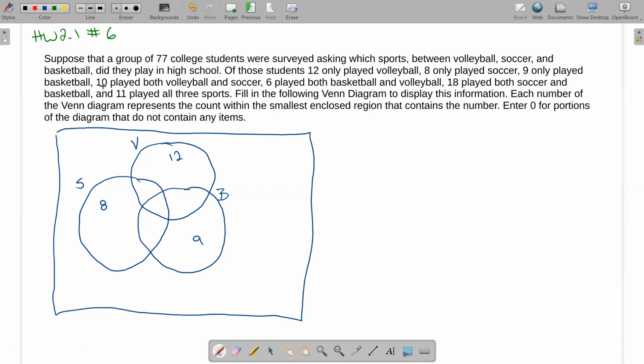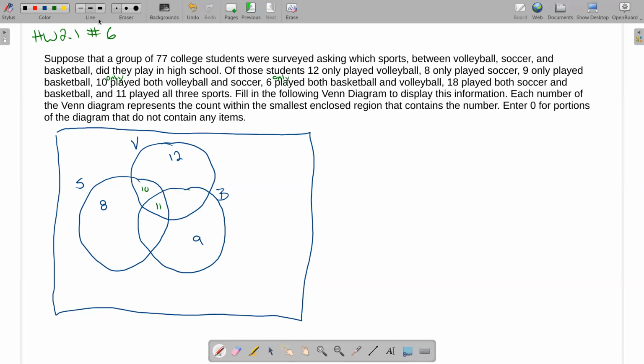I think these 10 here, we should say maybe only played volleyball and soccer, indicating they didn't also play basketball. So that would put those 10 here, not there, because I know 11 played all three there. Yeah, and this should have been only, otherwise it's ambiguous.